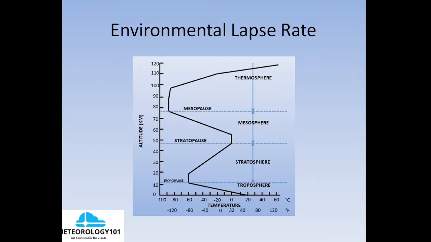So we live in a troposphere. Typically, temperatures decrease with height, so we have a positive lapse rate. Then once you hit the tropopause, there's no change in temperature, and then there's an increase in temperature. It's a stable atmosphere in the stratosphere.